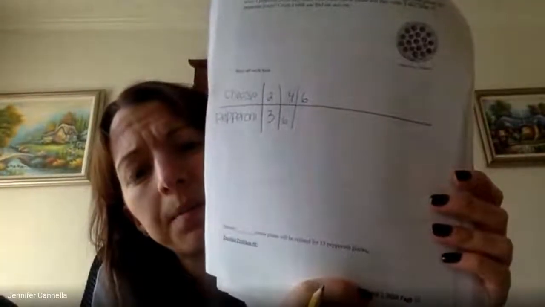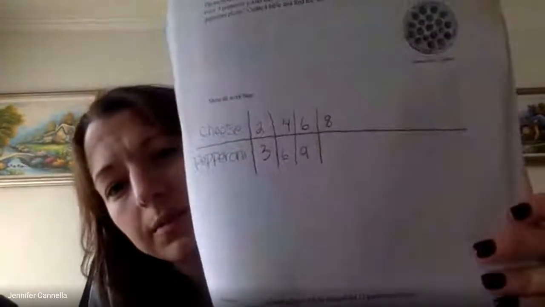Now 2, 4, 6. If I have 6 cheese, how many pepperoni, Blessing? 9. Good, excellent. If I have 8 cheese, how many pepperoni? 3, 6, 9, 12. Good.